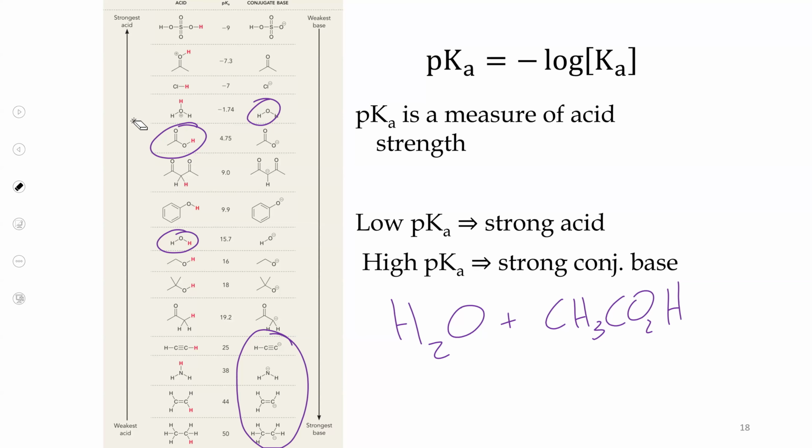And so basically we rank them. We look at this, if you can find them both on the same chart here. Whichever one of your acids is higher at the top, that's the one that's gonna act as the acid.